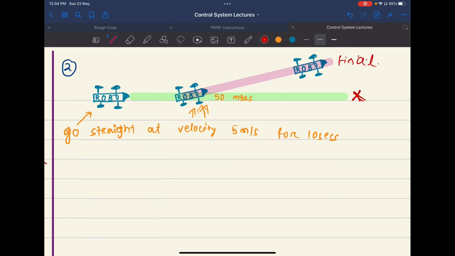Like if this is a system, this is the input u and this is the output y, how this u is transferred into y, that function is called the transfer function. I will be explaining a little more about the transfer function in the next lecture. Thank you.